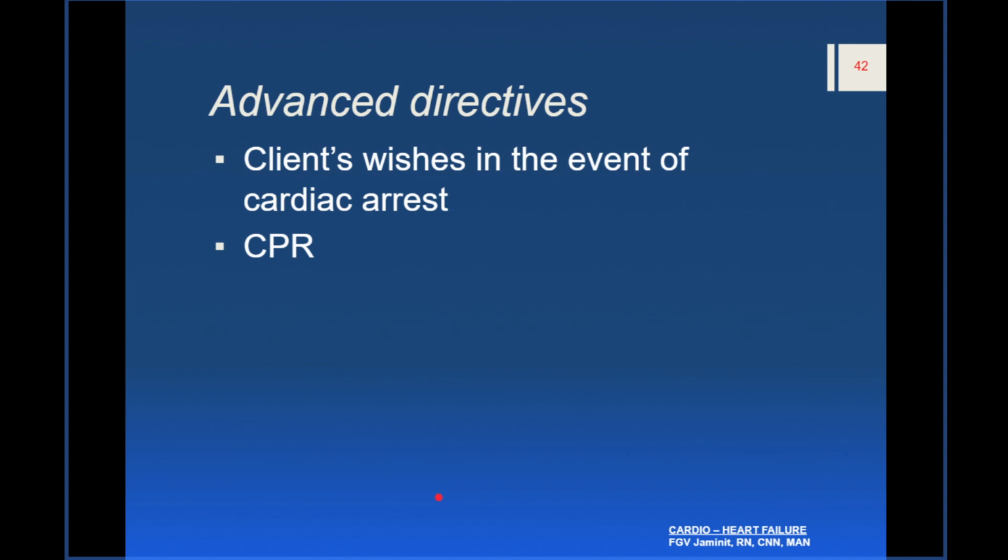When we say do not resuscitate, there would be no resuscitative or reviving procedures done to him or her, just in case that he wished so. And of course, CPR, kung gusto pa or hindi, magpa-cardiopulmonary resuscitation.